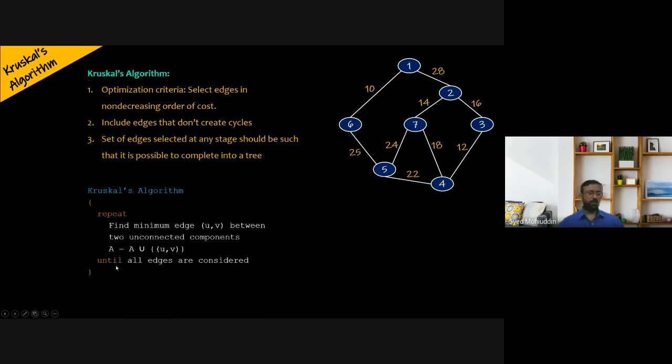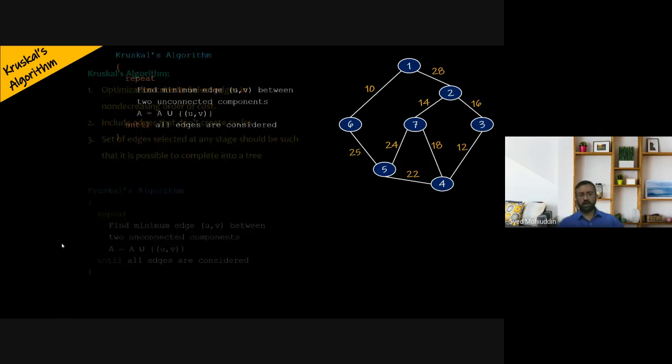In Prim's, we repeat until all the vertices are examined. Here in Kruskal's, until all edges are considered. In Prim's we concentrate more on vertices. Obviously minimum edges are also selected, but we concentrate on vertices. In Kruskal, we concentrate on edges. We make use of edges.